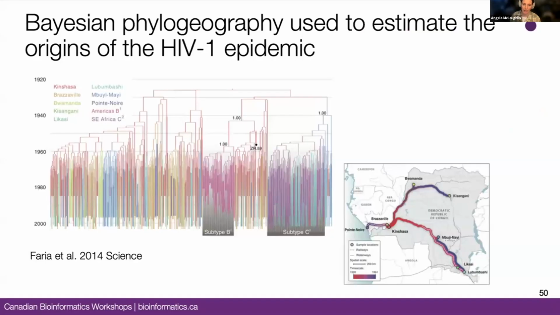So some applications of the Bayesian phylogeographic methods in the literature. There's so many, but this is just one example of using it to reconstruct the origins of the HIV-1 epidemic in Western Africa by Faria.